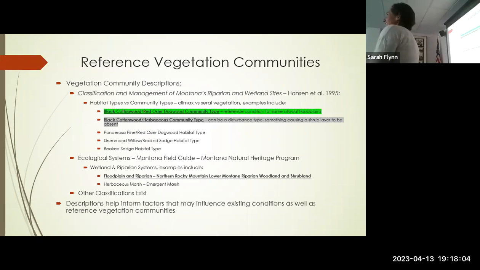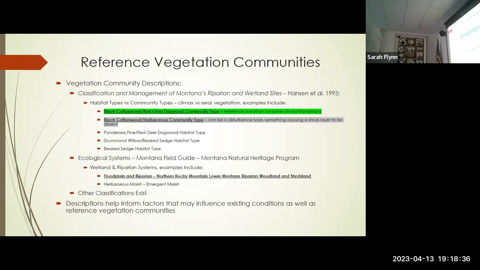They went out and did vegetation surveys at a bunch of different sites to come up with this classification. So he's got a lot of great information in there that's useful to understand process, timeline, and development of these plant communities. He's got habitat types and community types, which are based on climax community as a habitat type and seral communities that may still be in development as community types.